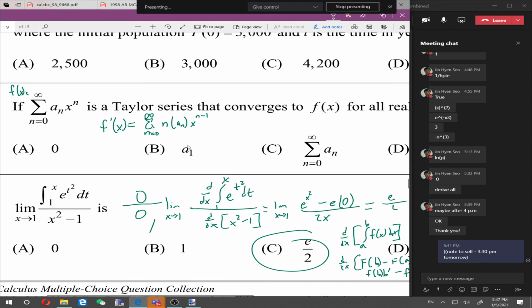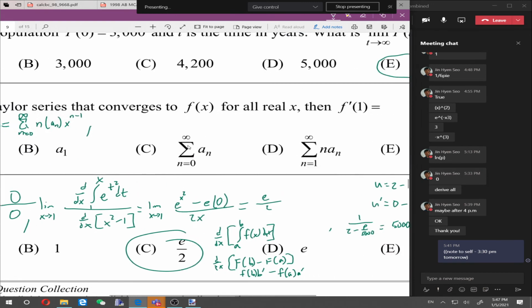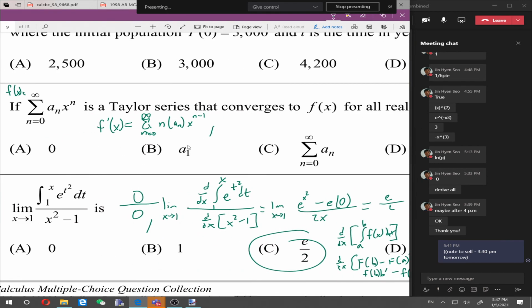And then I want to figure out what's going to happen when x is 1 for our answer. So our derivative when x is 1 should be what happens when I replace x with 1 in our series. So I'm going to sum from n equals 0 to infinity of n times a_n times 1 raised to the n minus 1. What is 1 raised to the n minus 1?